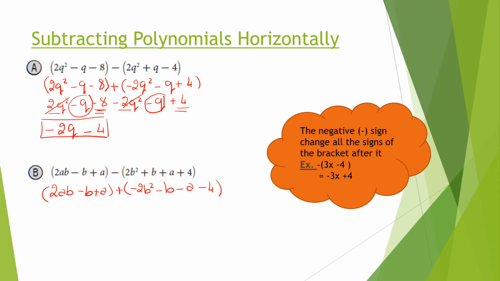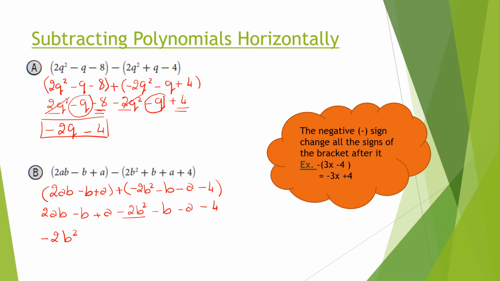Then I'm going to take away the brackets, so it's 2ab, negative b, positive a, negative 2b squared, negative b, negative a, negative 4. Okay, so here first I have negative 2b squared. It has nothing to be combined with, so I'll keep it as it is, negative 2b squared.